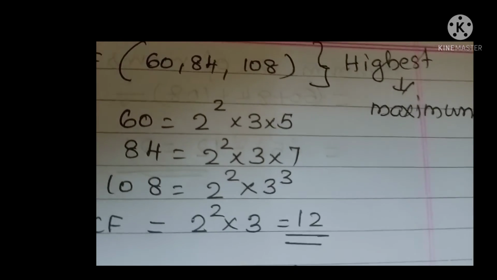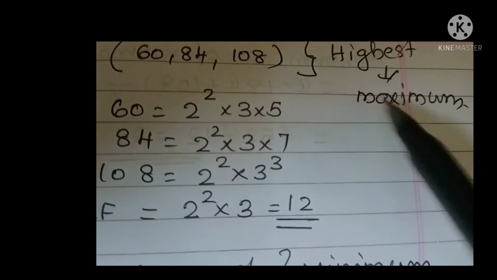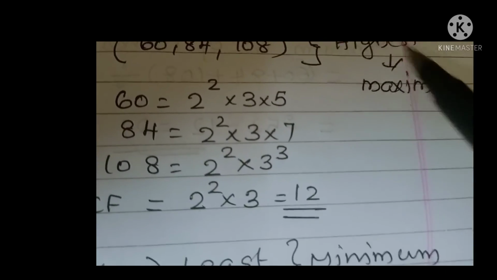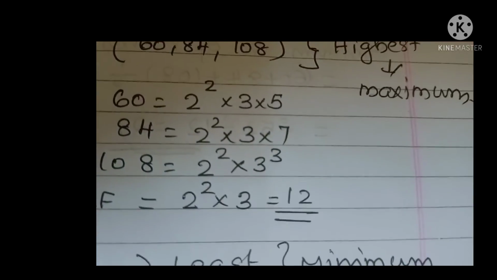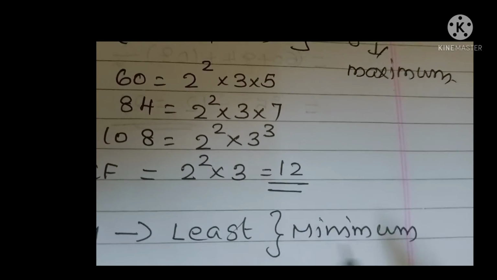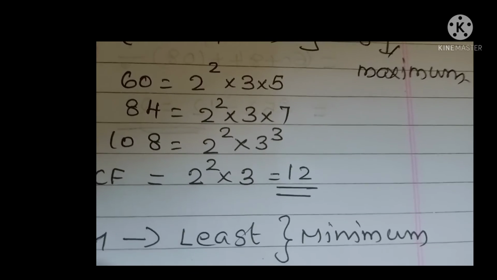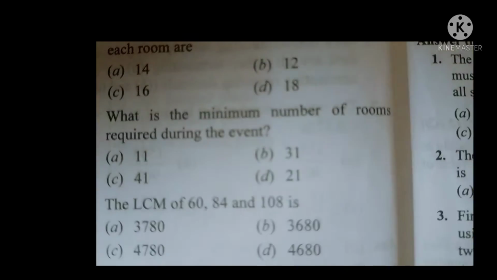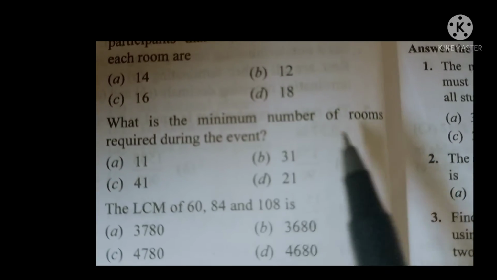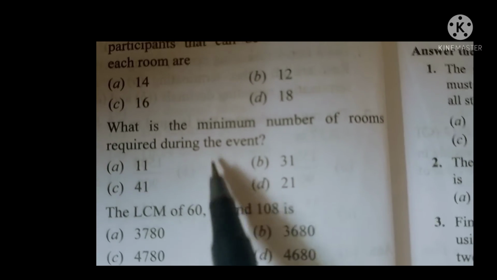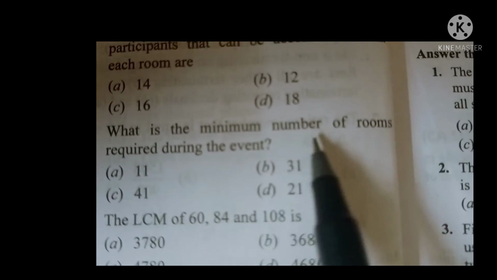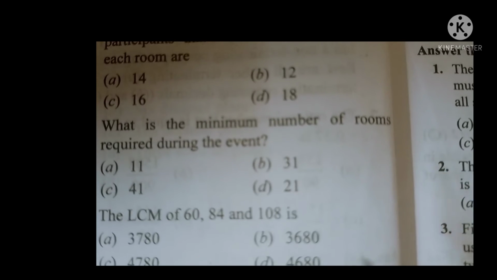So here the question says maximum, so we want to find the highest common factor, that is HCF. And if the question says minimum, we want to find the LCM of these numbers, that is the least common multiple. But the next question is, what is the minimum number of rooms required during the event?